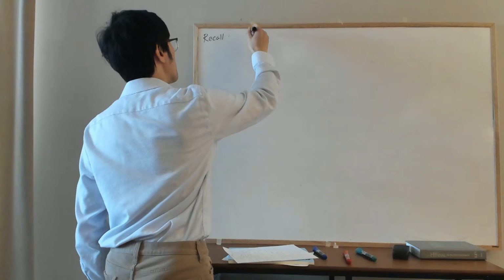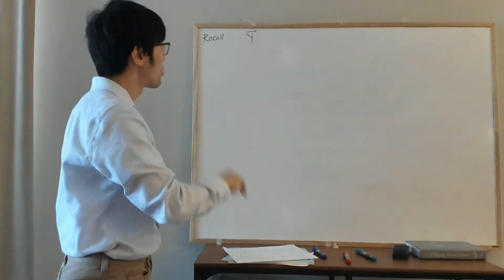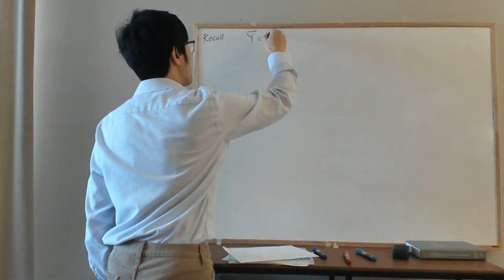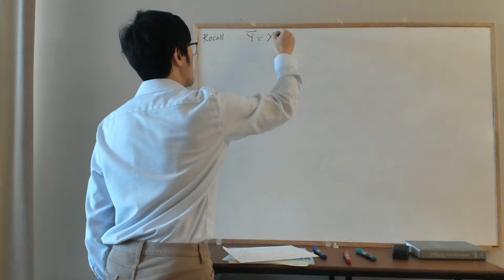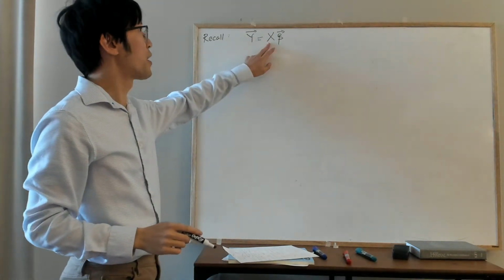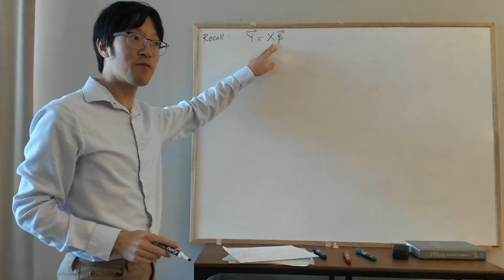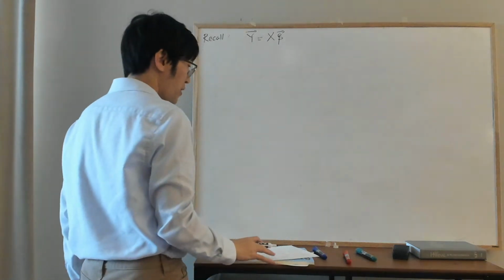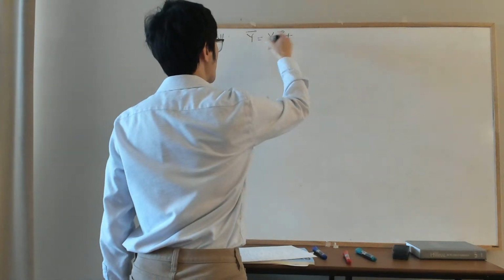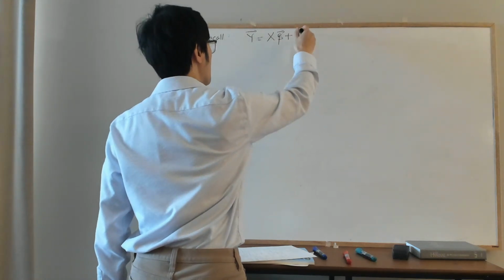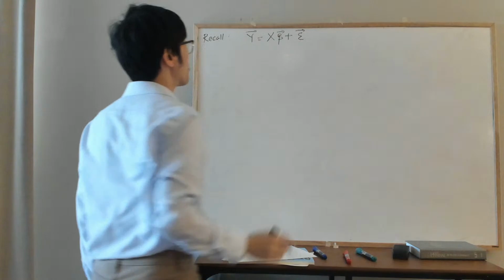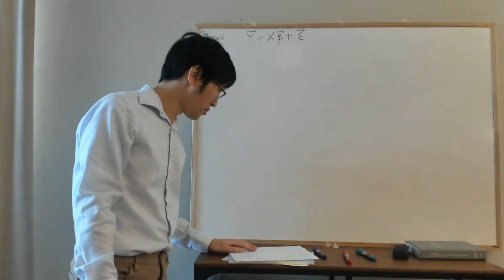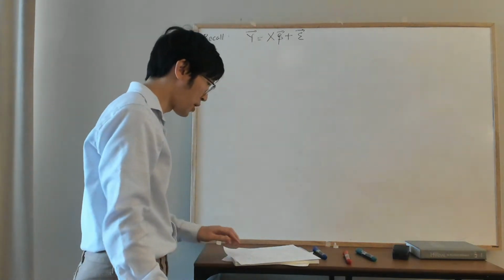So we have a random vector of our response variables, and we're expressing that as a deterministic linear component, where X is the matrix consisting of the predictors in its columns, and beta is the vector of parameters we've estimated, plus the random part, which accounts for any unexplained variability that the model does not capture.